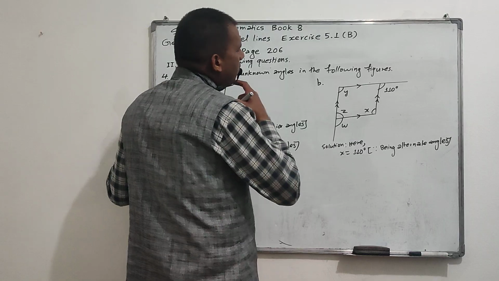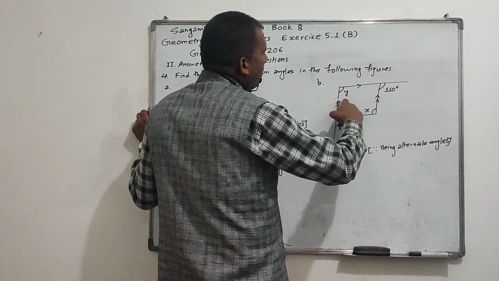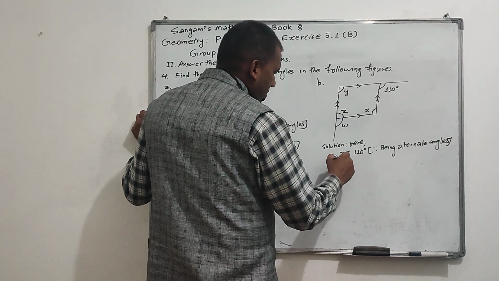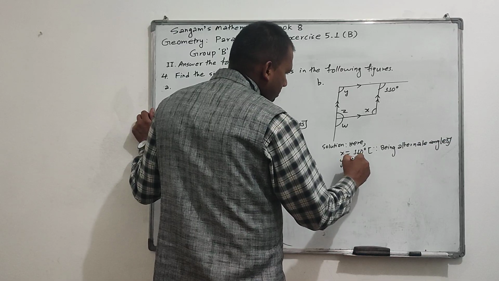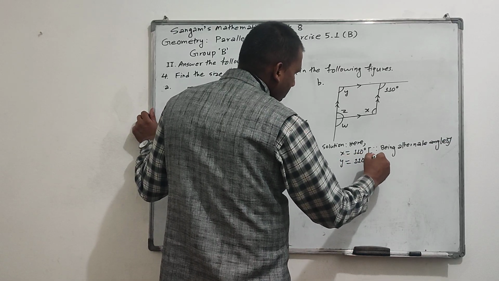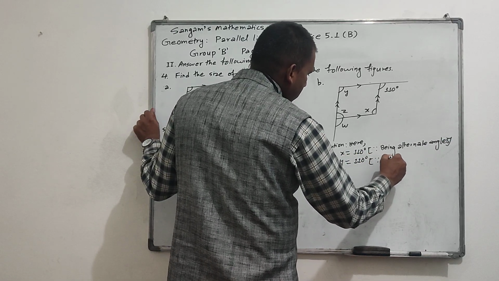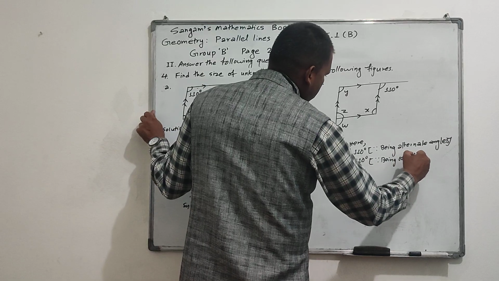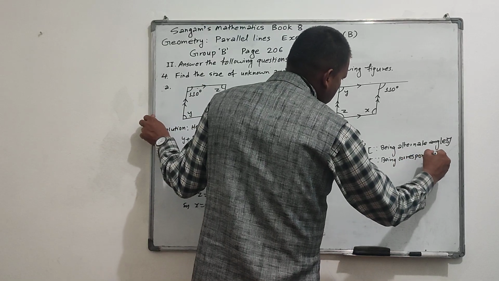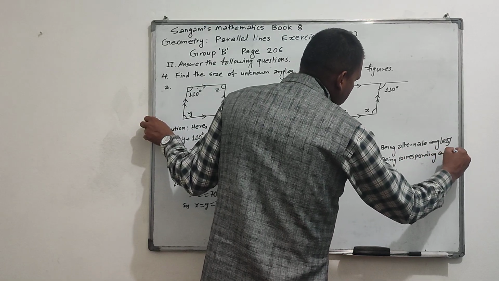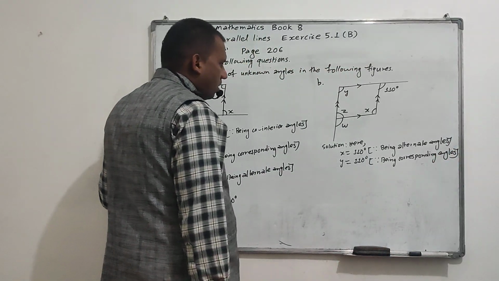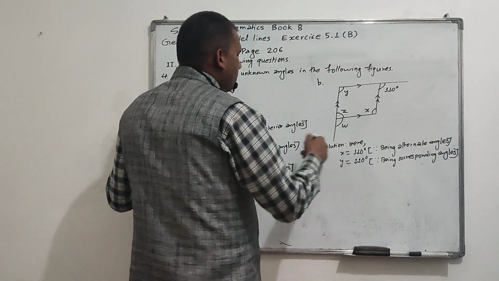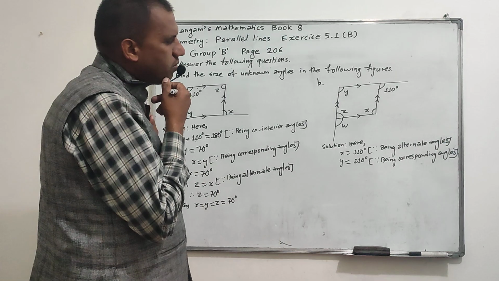Then look at here, 110 and y, they are corresponding angles, so we can write y equal to 110 degree, being corresponding angles.